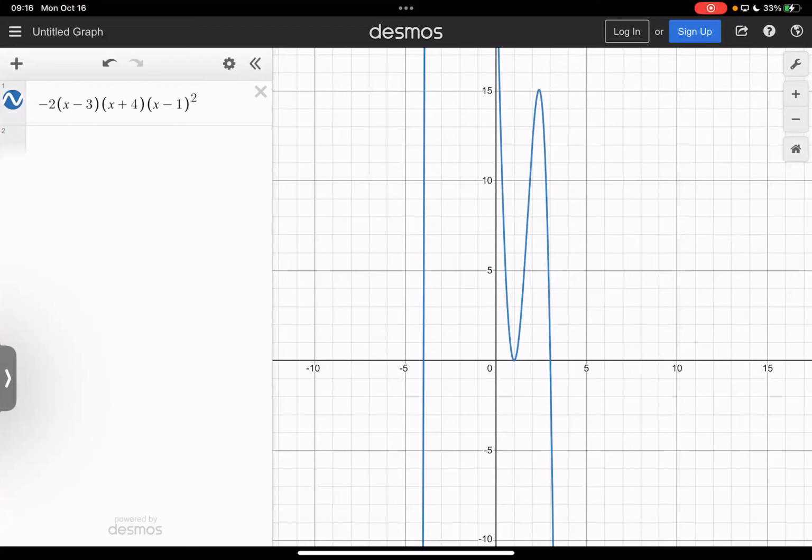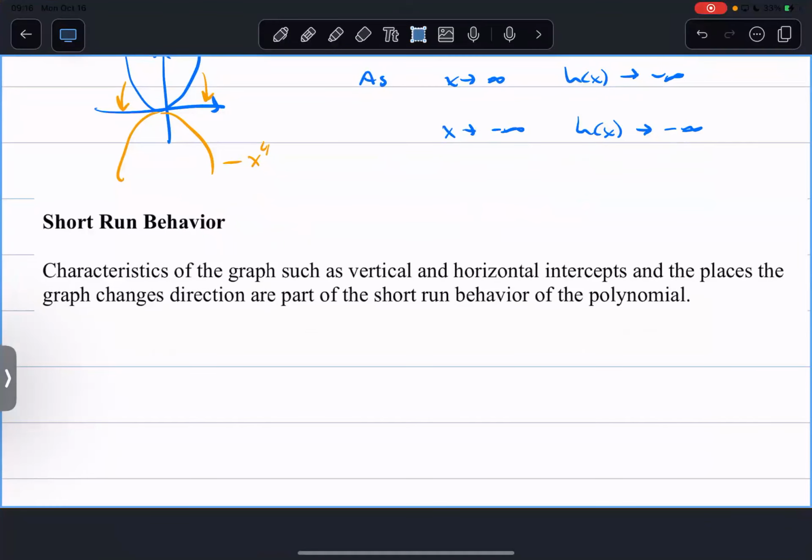And then it drops down, and then it shoots up, and then it drops down, and then it keeps going to infinity, or negative infinity in this case. And so that's the short run behavior of a polynomial. Okay? So some of the things that we want to talk about are the vertical and the horizontal intercepts.